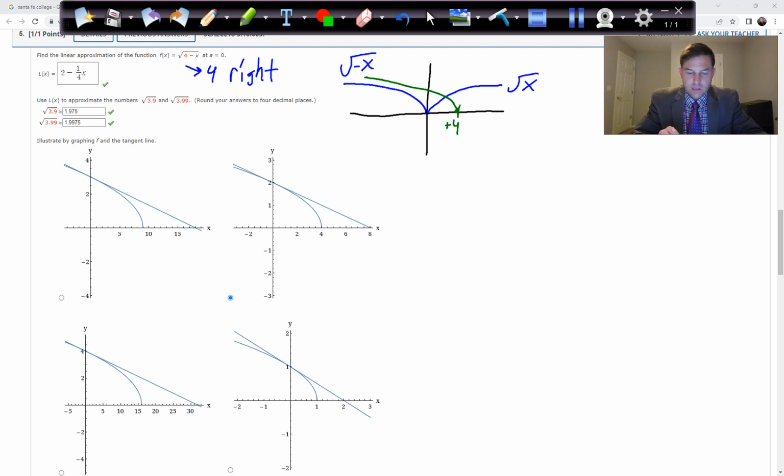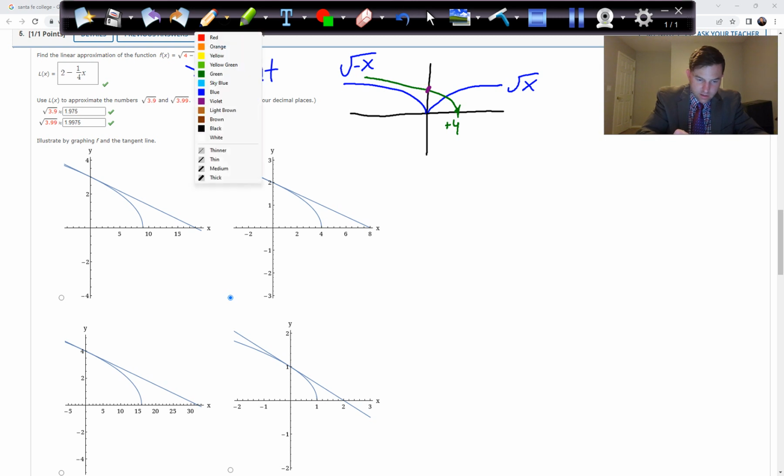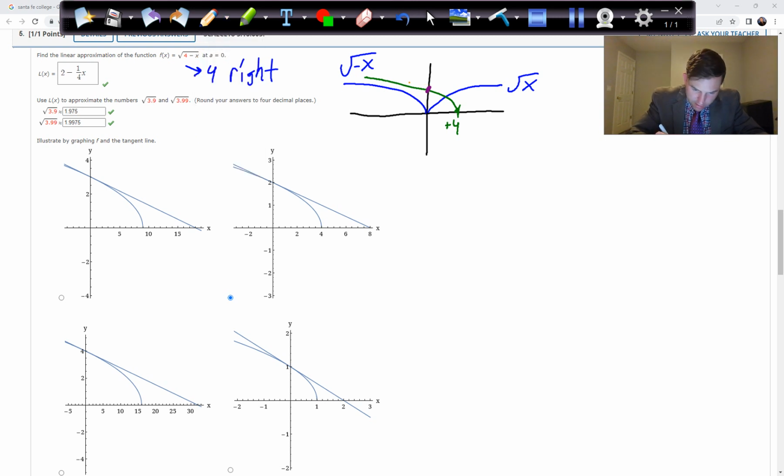Okay, so that green line is the curve, and we're using x at a is 0. So again, we're looking at this point here, and we're trying to find this tangent. We are trying to find the equation of that linearization, and we found it to be 2 minus 1/4 x.